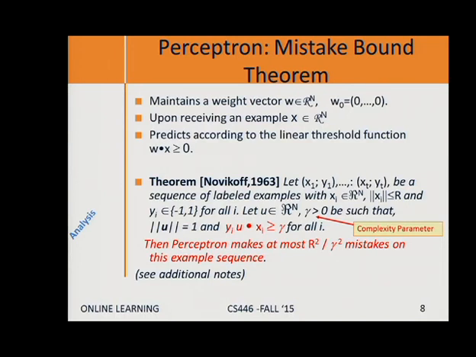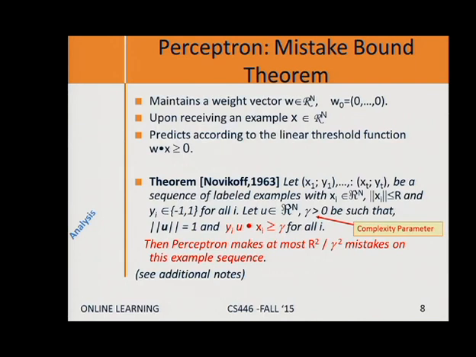But the most important thing is this, and it's very natural. If gamma is small, you're going to make more mistakes, because it means that you have points that are close to the separator, and it's going to take time for you to fit it such that you will not make mistakes. If gamma is large, then you're going to make fewer mistakes. So it's natural to assume that this is inversely proportional to gamma.